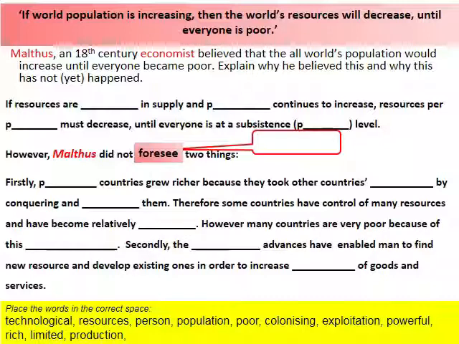And now so many things are computerized, and this technology has produced so much extra production. And so when Malthus was writing, he couldn't see the technological breakthroughs that were going to take place.